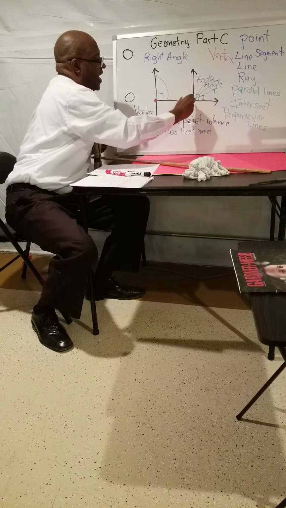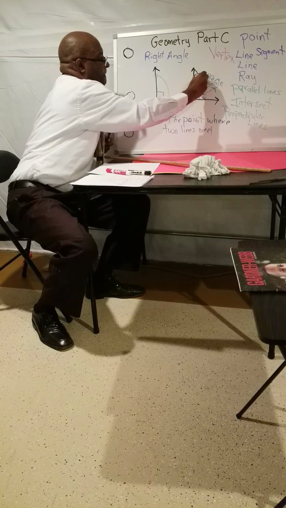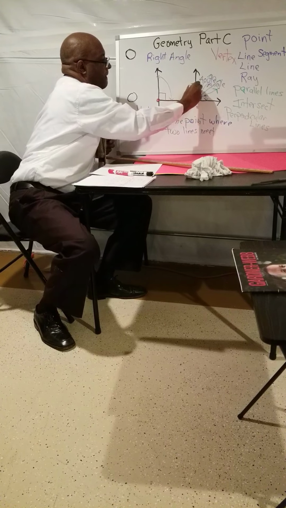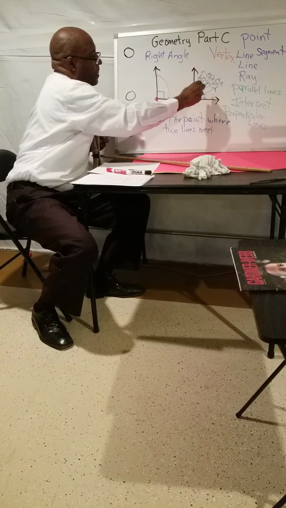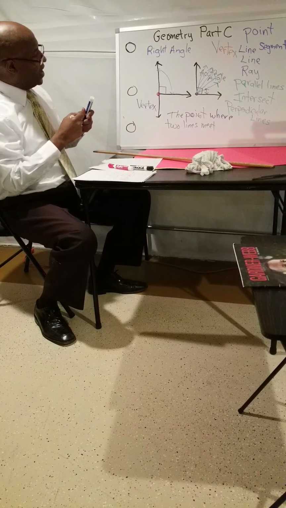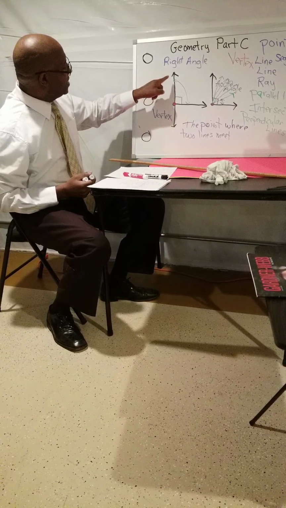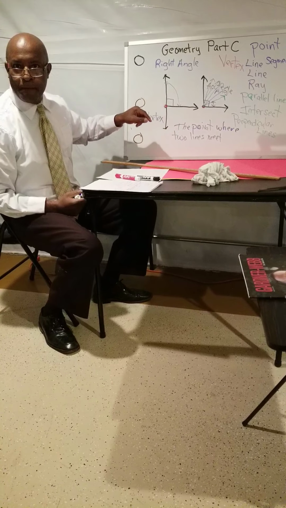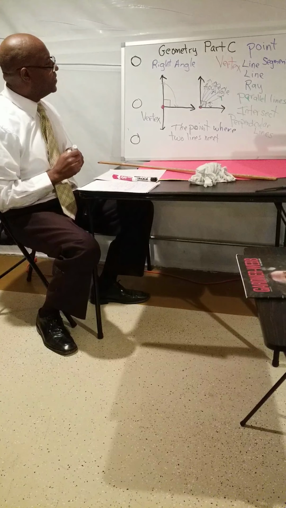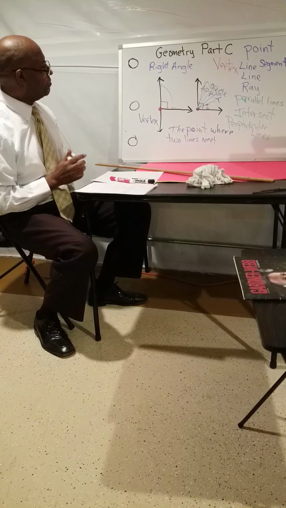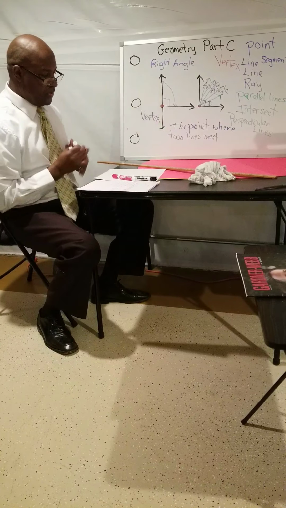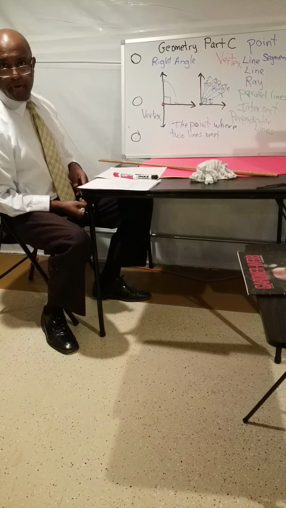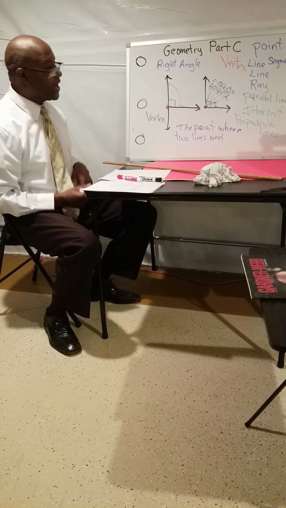That can be an acute angle. That can be an acute angle. Because none of those angles is large enough to equal this right angle. So we have an acute angle. Once again, your right angle. So the two vocabulary words so far are right angle and acute angle.